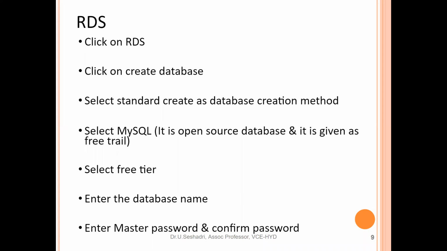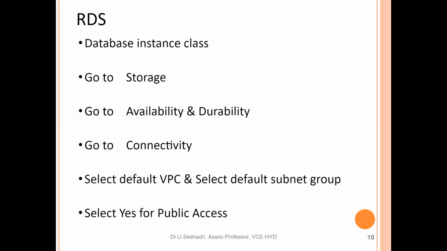And then we have to enter the database name. I am giving the database name VCCSC. Enter the master username, which I am given as admin, then the password, and confirm the password also. Then go to the storage, where whatever the default options are, I am keeping them.